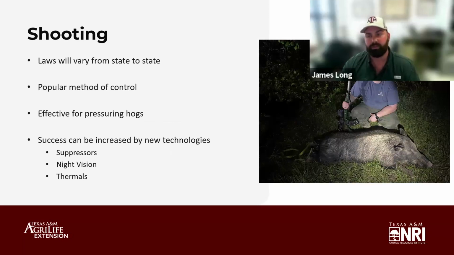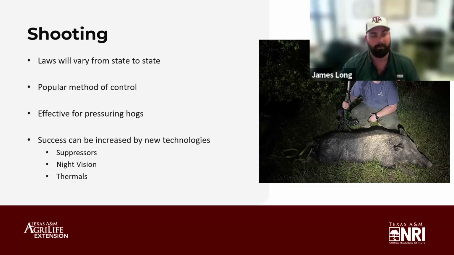Moving into that next method will be shooting. Again, these laws will vary from state to state. Here in the state of Texas, we're very liberal as far as shooting goes. In fact, I tend to get a lot of boos at my talks when I tell them that shooting is not a population control method, because shooting tends to be, especially in Texas, the favorite way of dealing with pigs.